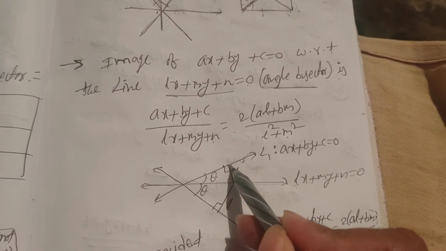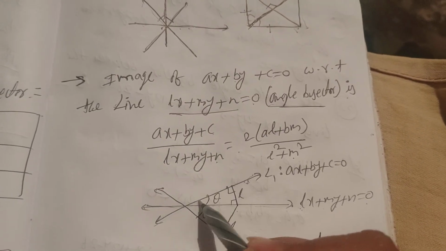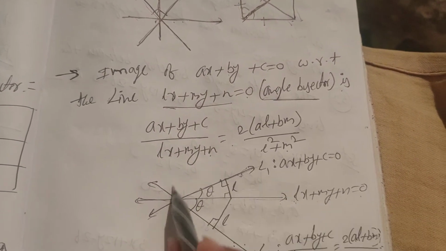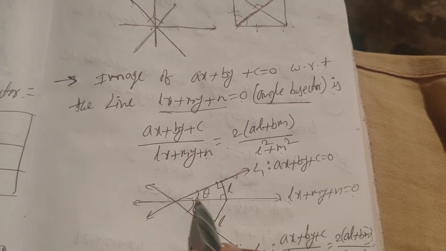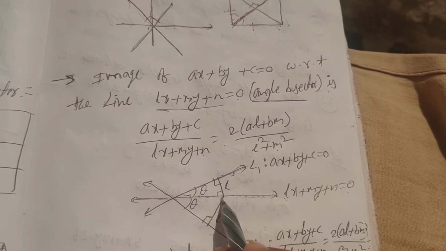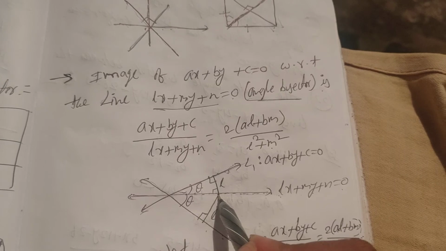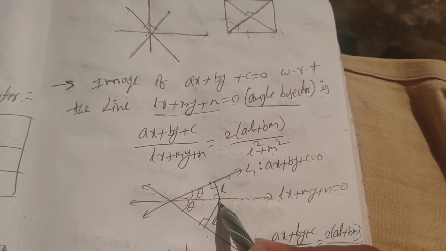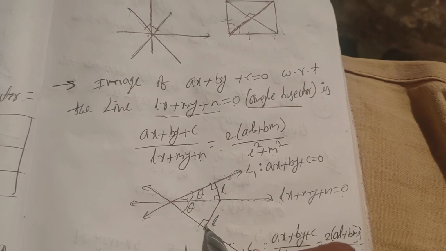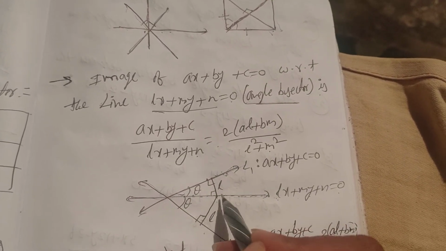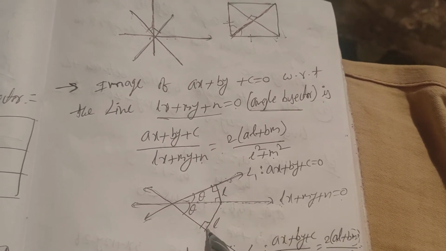Image means, if you take any point on this line, anywhere you can take, the perpendicular distances from this point to these two lines are equal. That means if you take one point here, the perpendicular distance from this point to this line is equal to the distance from this point to the other line.